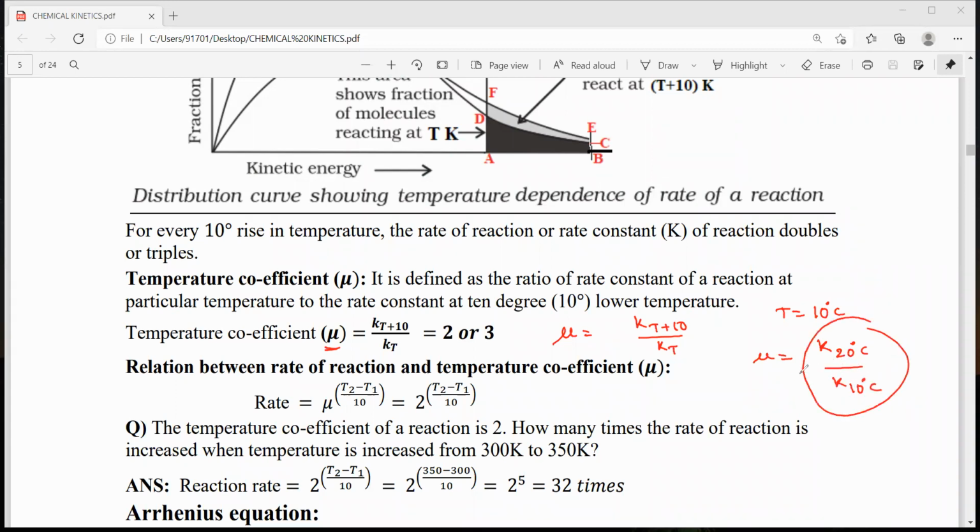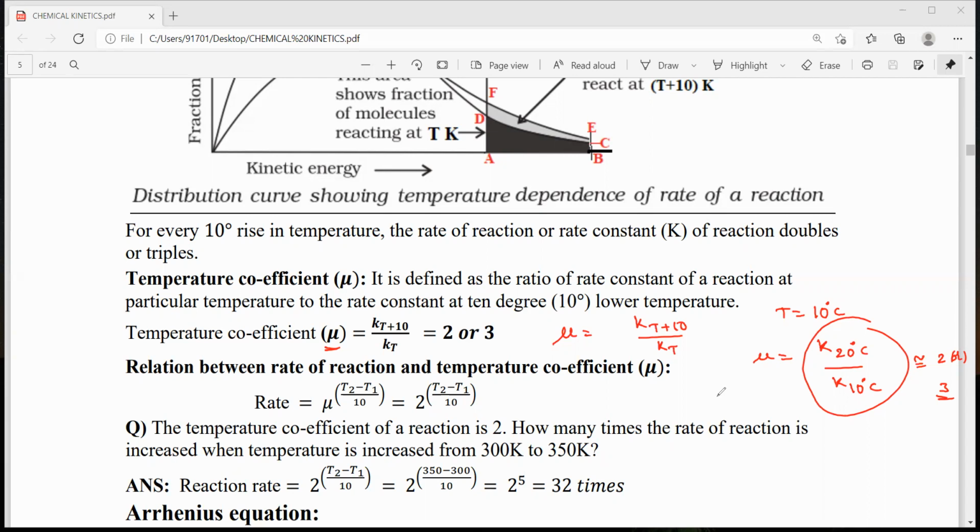This ratio should always be equal to 2 or 3. That is known as the temperature coefficient. For every rise of 10 degrees centigrade, the rate becomes twice or thrice. That's why nu may be equal to 2 or 3.